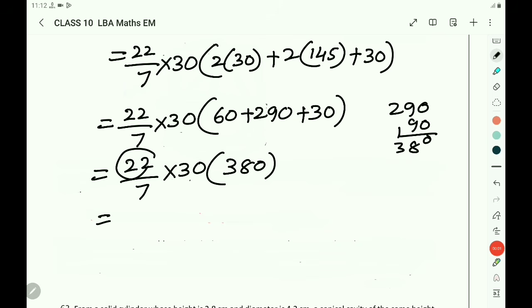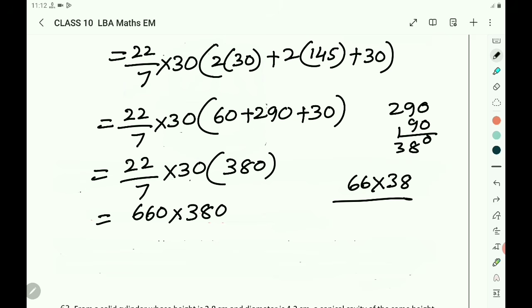Then 22 3s are 66. So 22 into 30 is 660. 660 into 380. Then you find the product of 66 and 38 and put 2 zeros. 66 into 38. 8 6s are 48. 4 carry. 8 6s are 48 plus 4, 52.